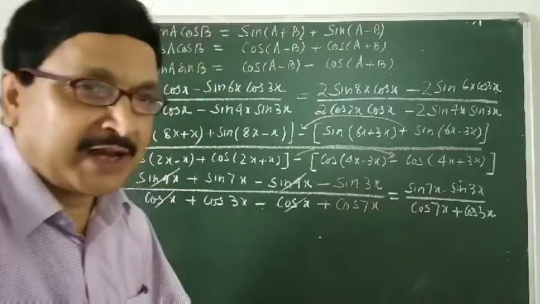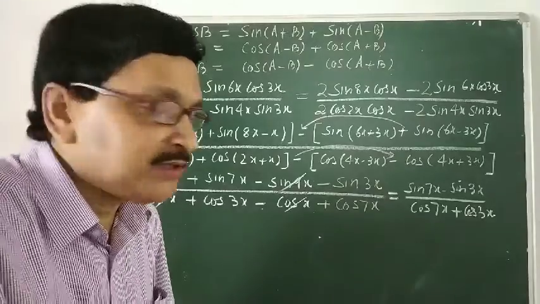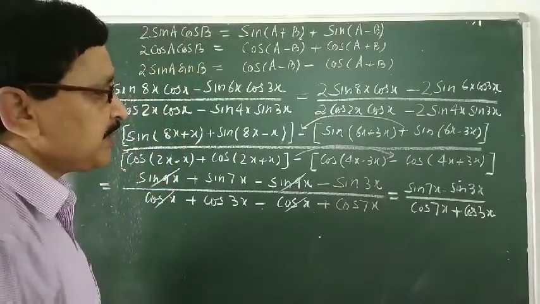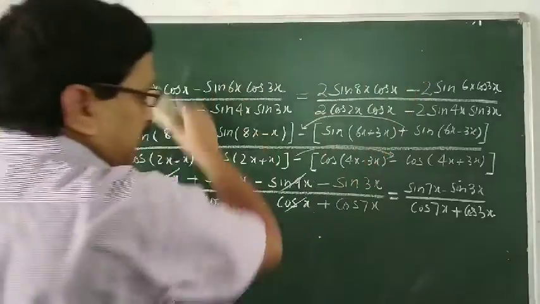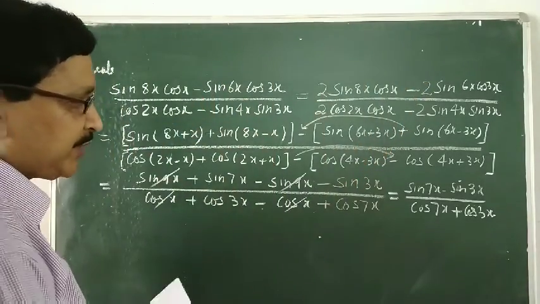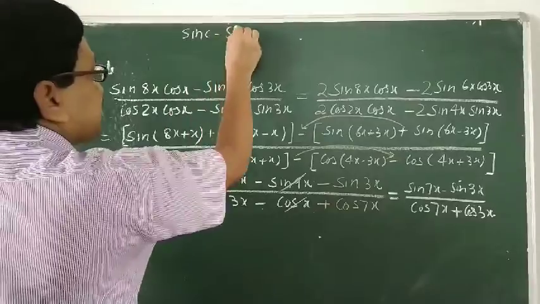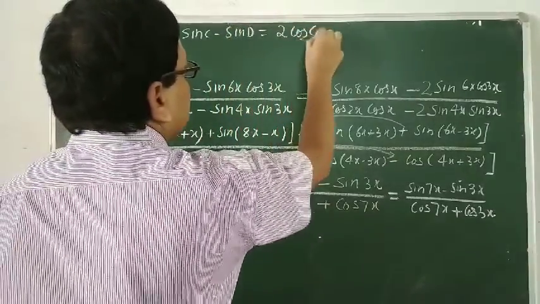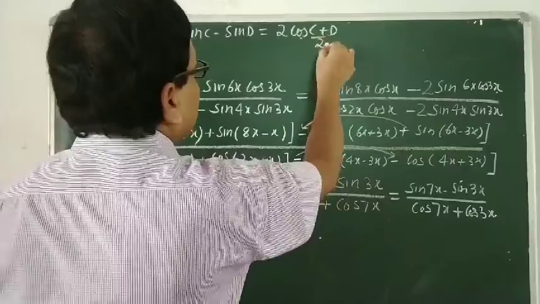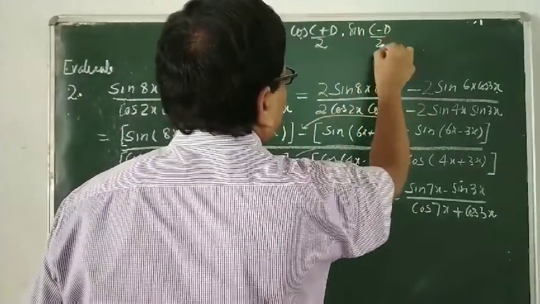Now sin c minus sin d, there is a formula. Once more, I have discussed in the first question what the formula for sin c minus sin d is. So let us recall your previous memory. Sin c minus sin d is 2 cos c plus d by 2 into sin c minus d by 2.